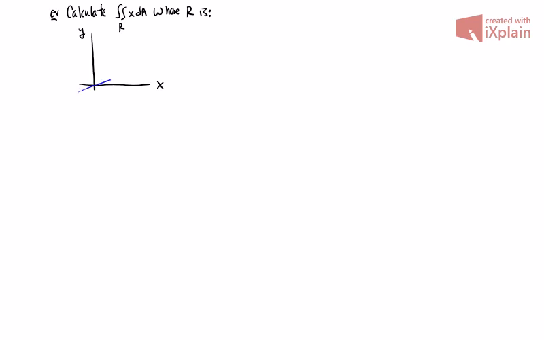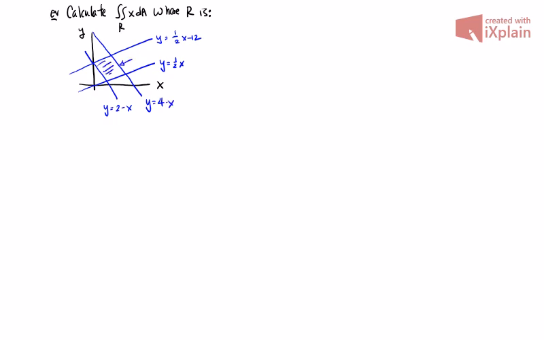It's going to be a parallelogram. It's going to have a line at y equals 1/2 x, a line at y equals 1/2 x plus 2, a line at y equals 2 minus x, and a line at y equals 4 minus x. And R is going to be that region.